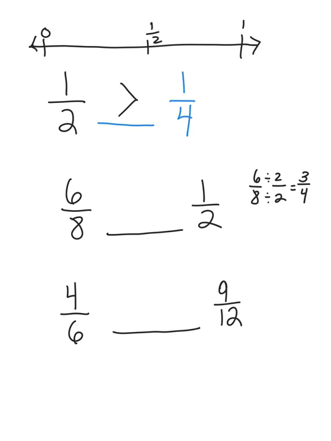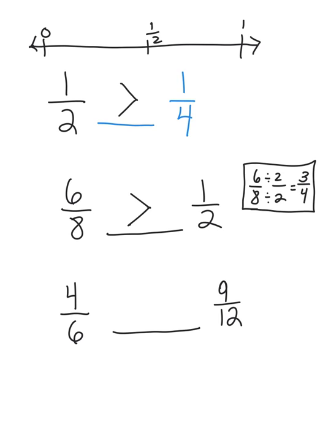It's 1/4 away. So 6/8 is greater than 1/2. Again, finding the equivalent fractions definitely helps us figure out where they would be placed on the number line.